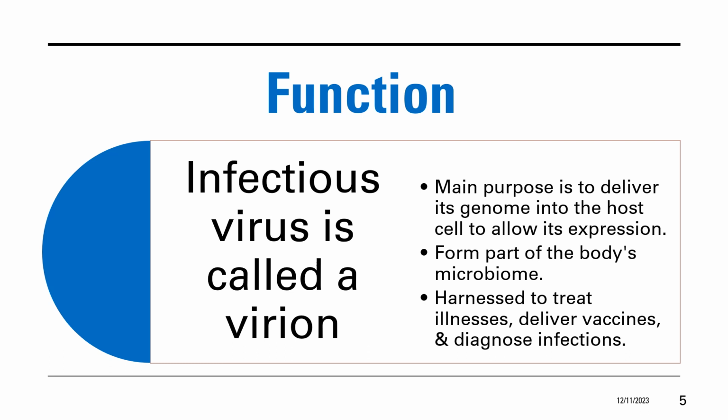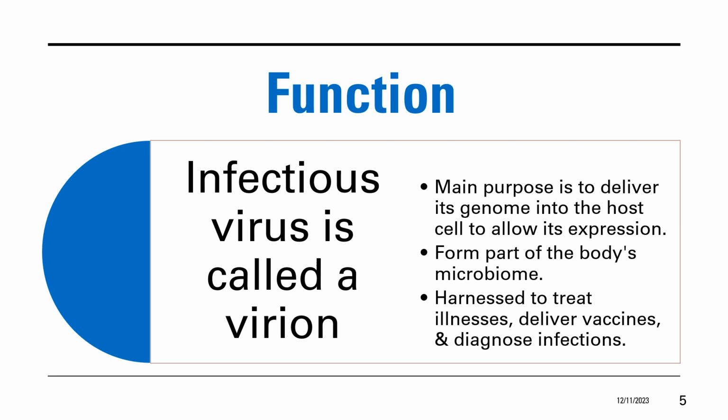An infectious virus is actually called a virion. The function of a virus is to deliver its genome into the host cell to allow its expression. That is the main purpose. But viruses also form a part of our body's microbiome.